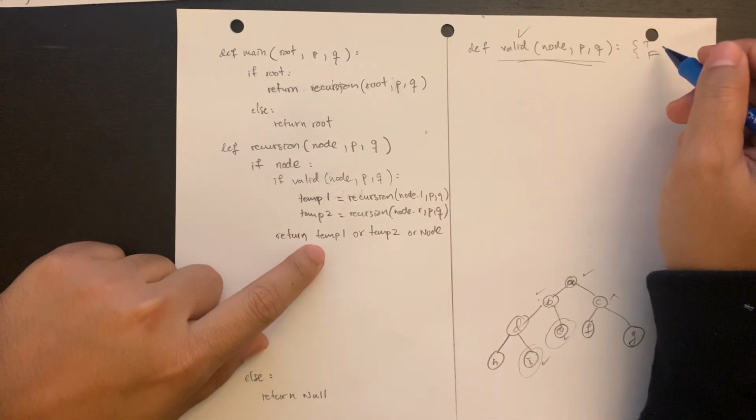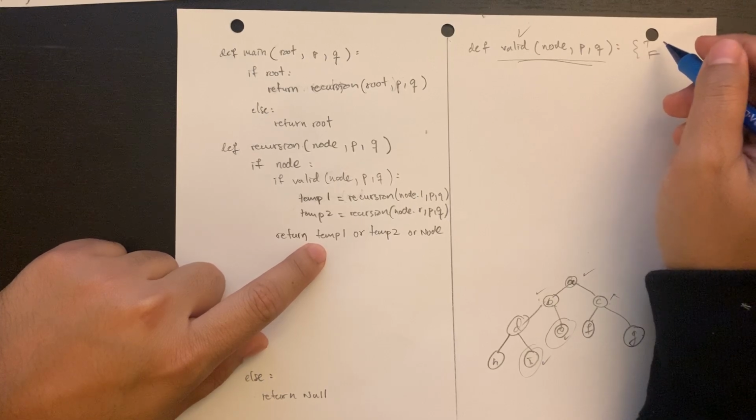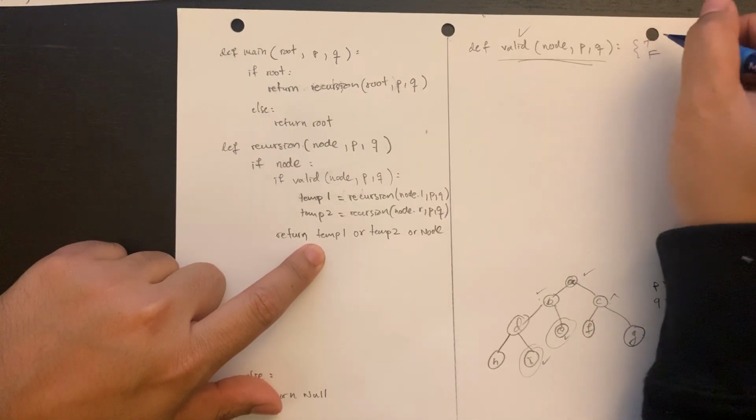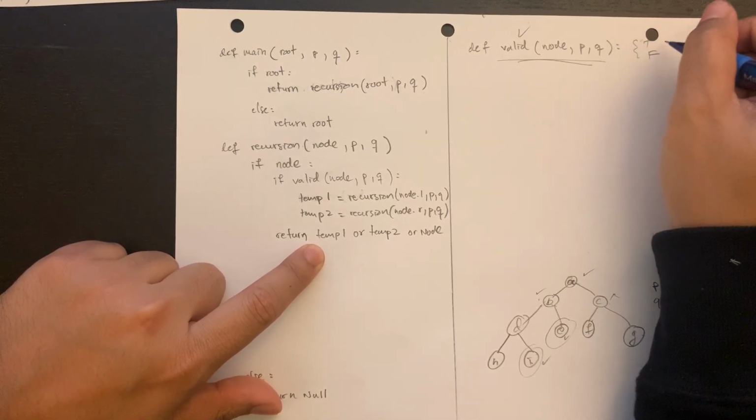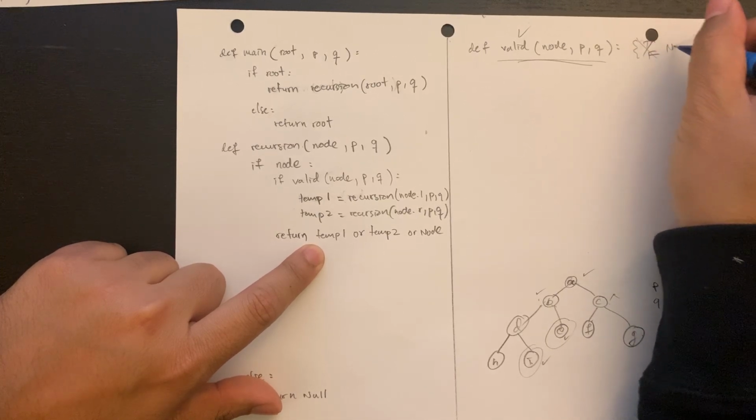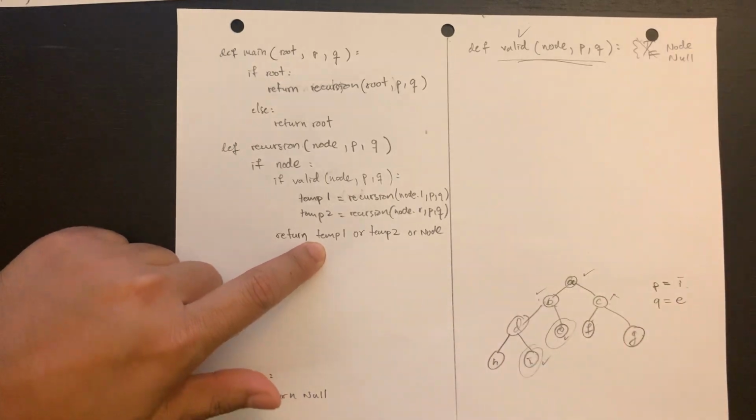I thought it's true and false, so I think just return node or null. If it's true, return nodes. If it's false, return null.